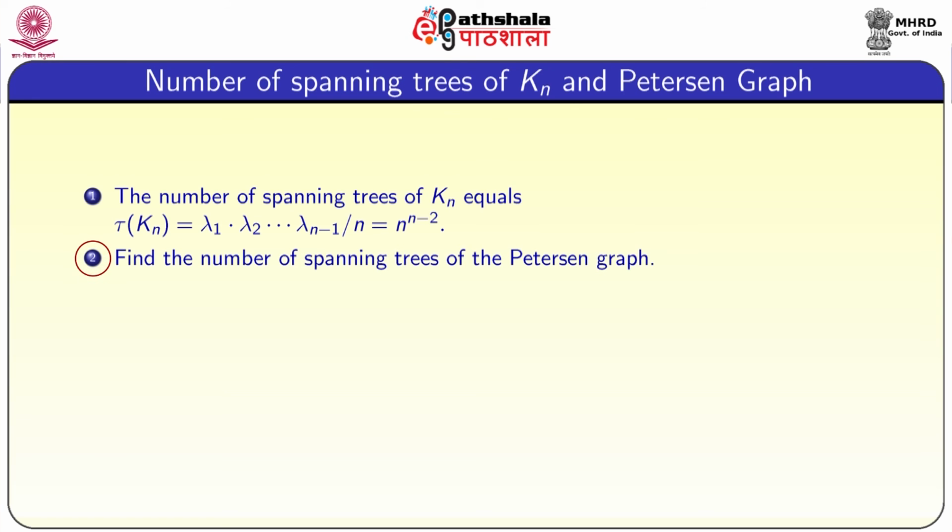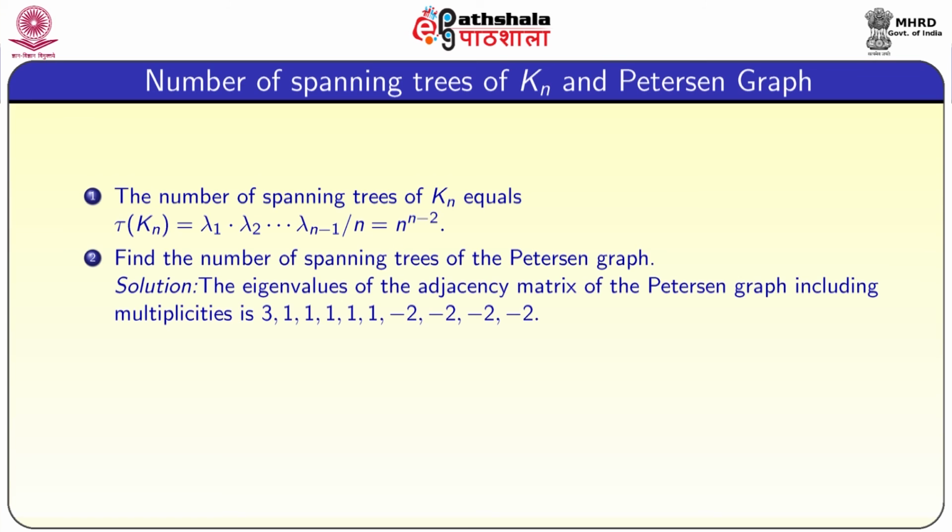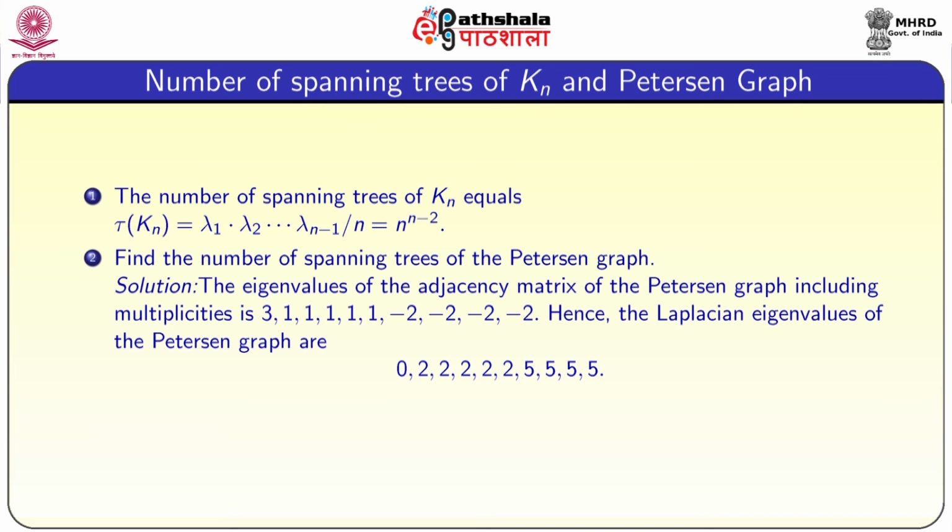Now we will find the number of spanning trees of the Petersen graph. The eigenvalues of the adjacency matrix of the Petersen graph, including multiplicities, are 3, 1 five times, and minus 2 four times. Hence the Laplacian eigenvalues of the Petersen graph are 0, 2 five times and 5 four times, as the Petersen graph is a 3-regular graph.